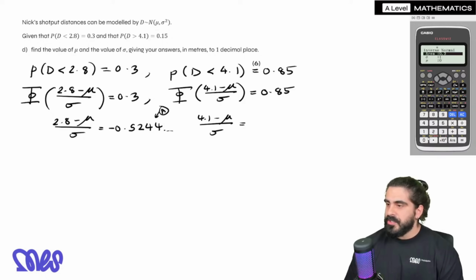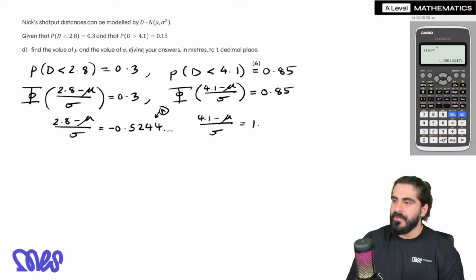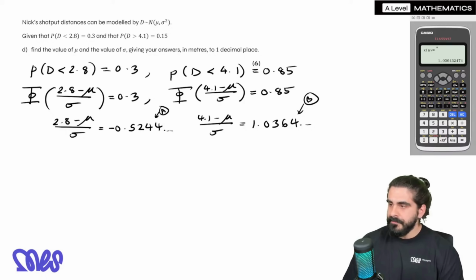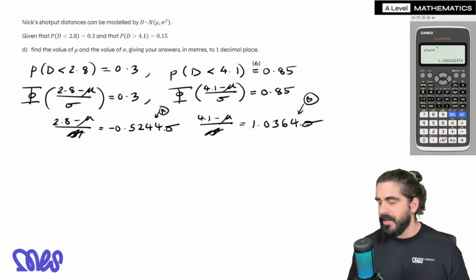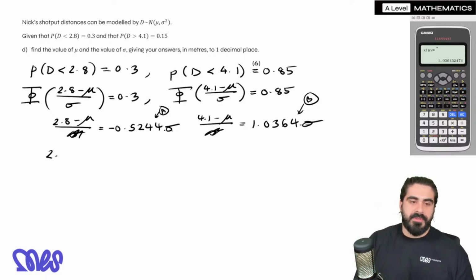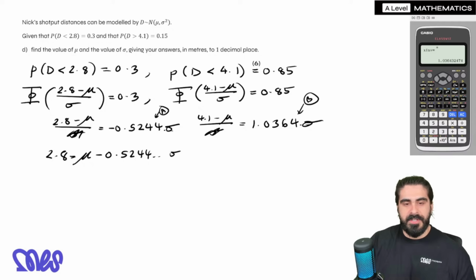Then let's change it to 0.85. And again, if you want to take that to 4 decimal places, that's okay. I'm going to store that as B. So we would times by sigma on both sides. In the real exam, I'd probably write a new line for this. Then we add mu. So 2.8 is mu minus 0.5244... sigma.